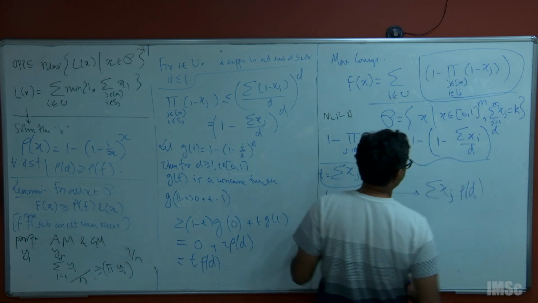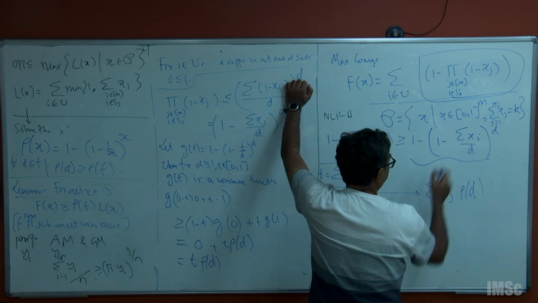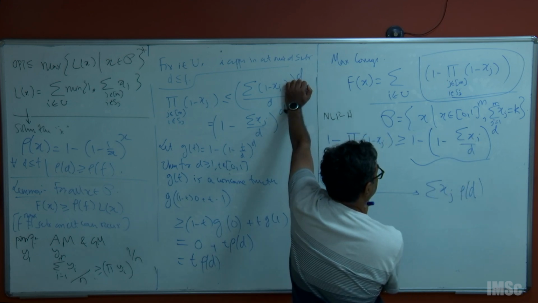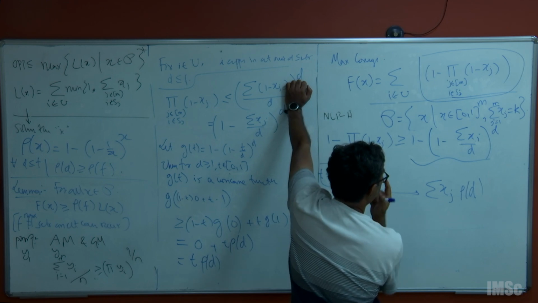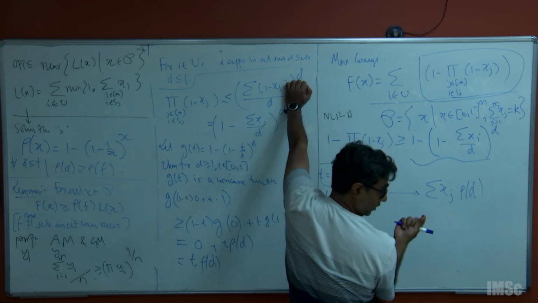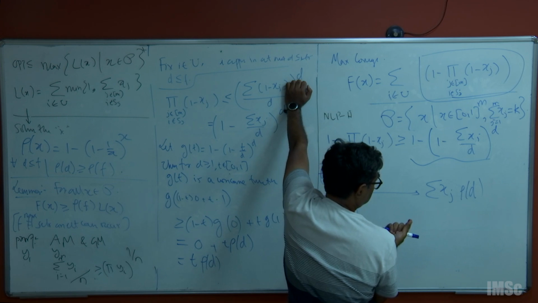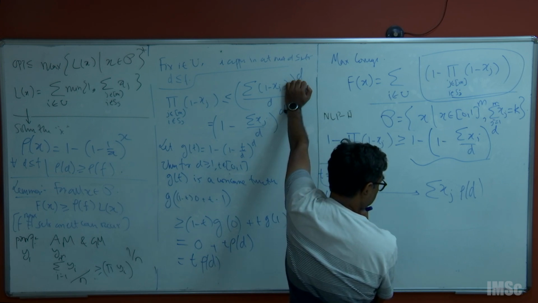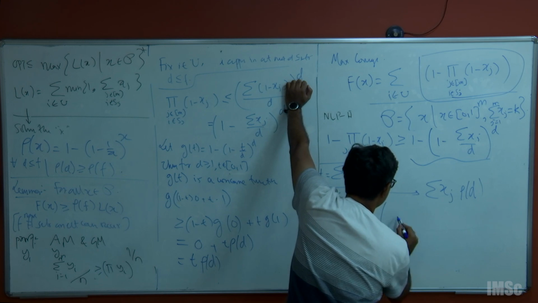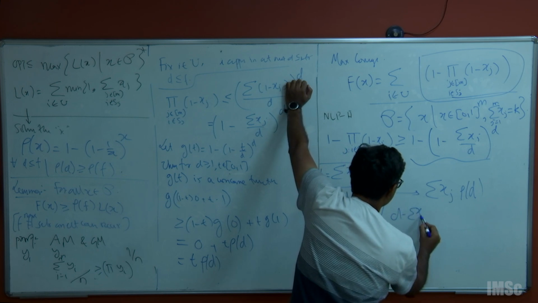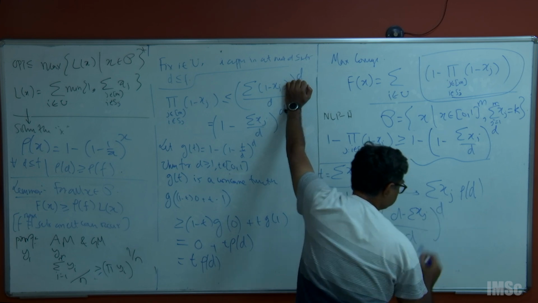Okay, let me show to you. Suppose t is more than 1, like summation xj is more than 1. So then this becomes 1 minus d minus summation xj times d to the power d.